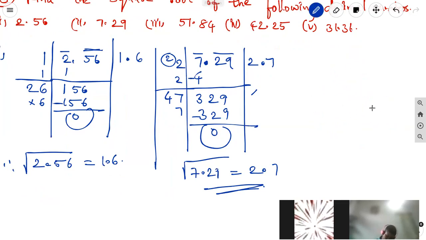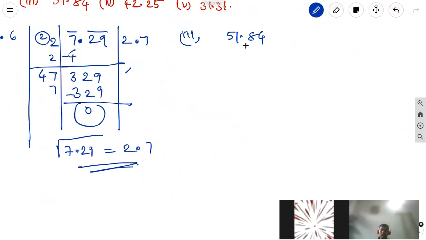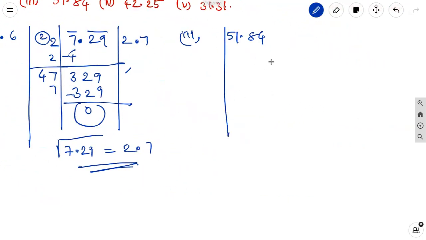Next, the third problem, 51.84. Take the decimal part from left to right, taking a bar for pairs of numbers, and the integral part from right to left, taking a bar for pairs. Here 51, the nearest is 7 7s are 49.